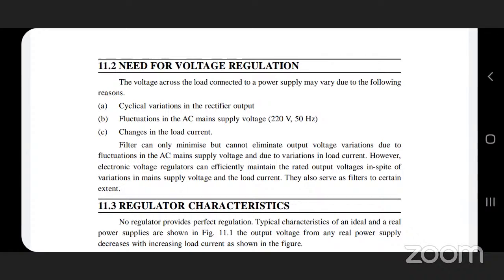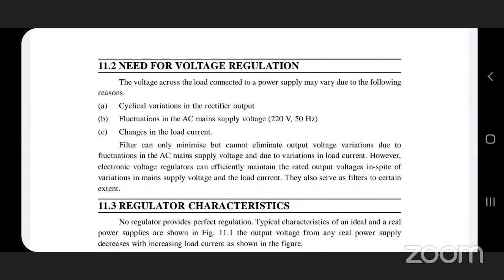Whether it is a pi filter, L filter, or C filter, filters minimize but cannot eliminate the output voltage variation, because of fluctuations in the AC main supply voltage and variations in load current.